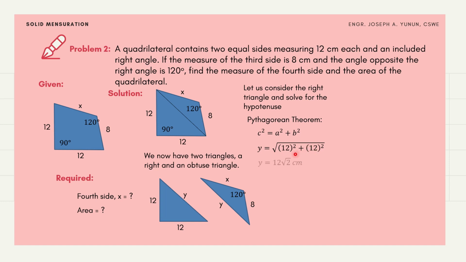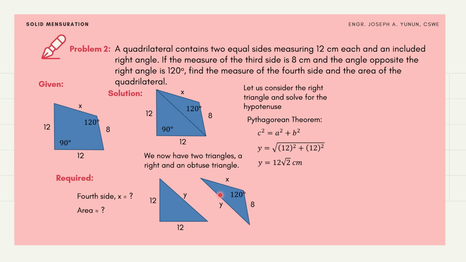Simplifying that, the diagonal y is 12 square root of 2 centimeters. Now moving forward, I have this value as 12 square root of 2.